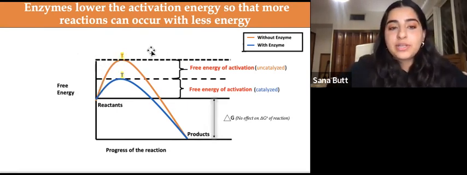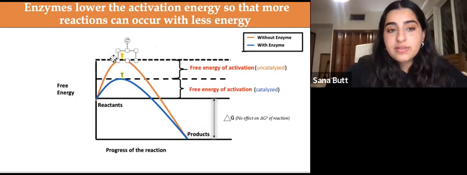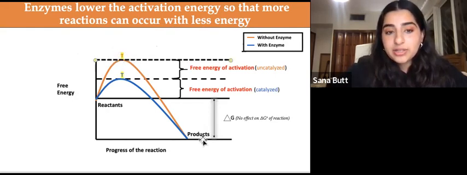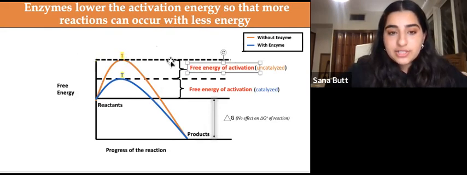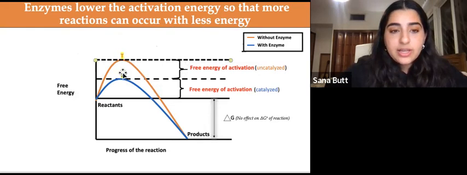And the point over here, the dashed line, indicates the T point, which is the transition state. This is the state at which the substrate can now become the product. And as you can see over here, the free energy of activation is indicated over here. That's a lot more for the uncatalyzed reaction as compared to the catalyzed reaction.